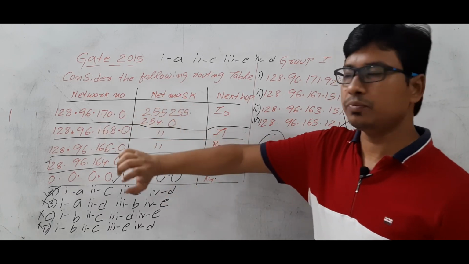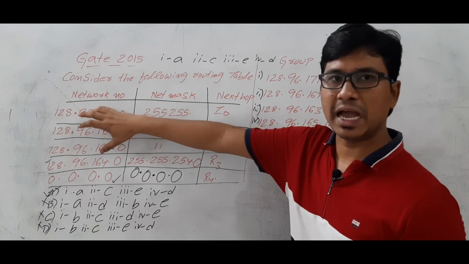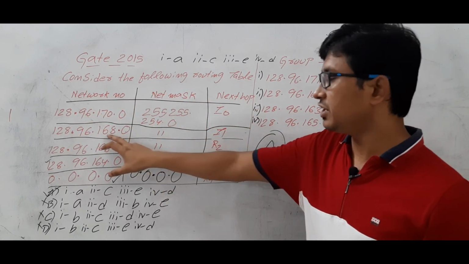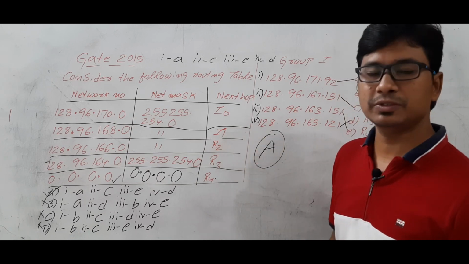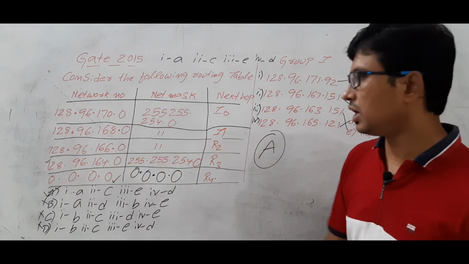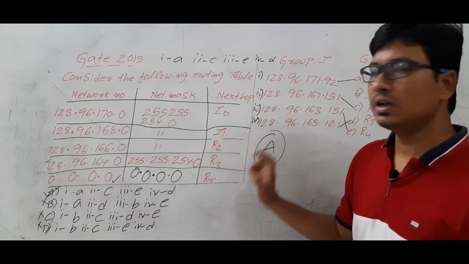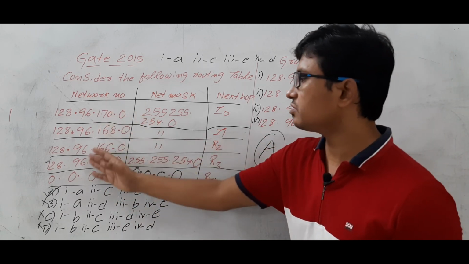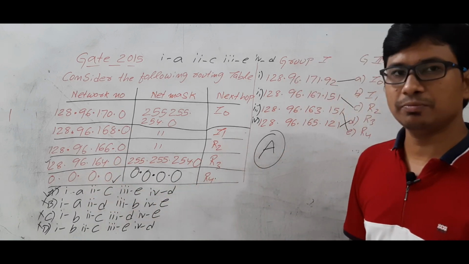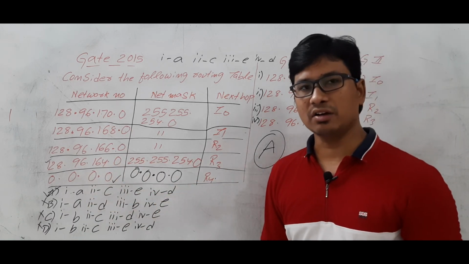Then whatever the IP address you are getting, if it is matching with this one, then you will send the packet using I0. If it is matching with this one, then you will send it using I1. If it is matching with this one, you will send to R2. If it is matching with this one, R3. If it is not matching with any one, obviously it will match with this one. Then you will send with next hop as R4.